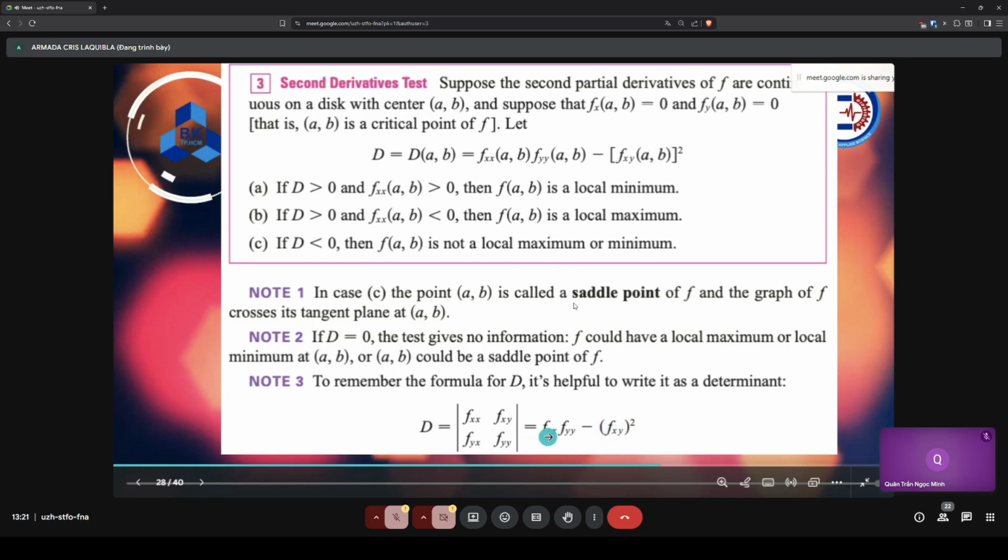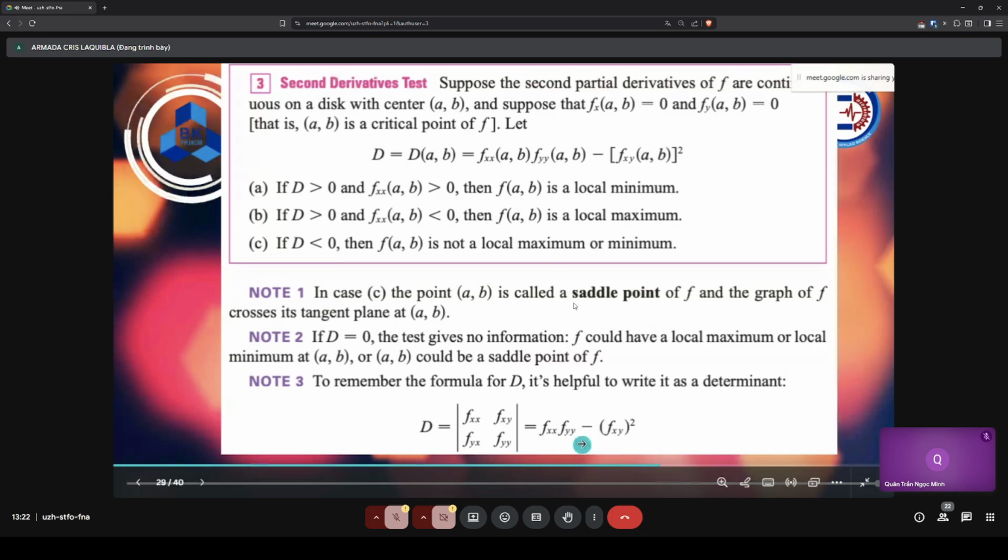You can use this equation without substituting a and b if the three values are all constant, because later we have an example where the three values are all constant, and we will solve D using this formula. No need to substitute a and b because it will not affect the result, since all of them are constant.